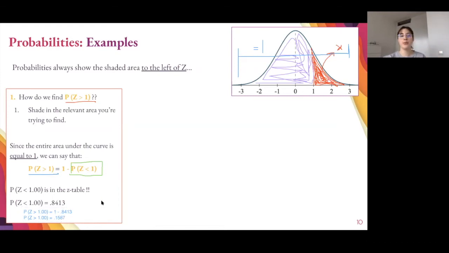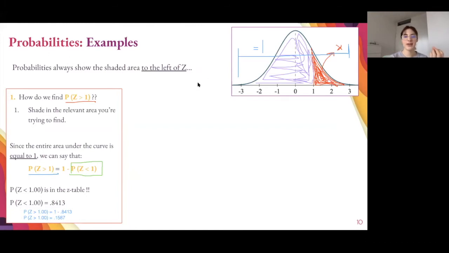So that's exactly how we would solve a problem where the inequality sign is showing greater than rather than less than. So this is with a positive number and a greater than inequality sign.